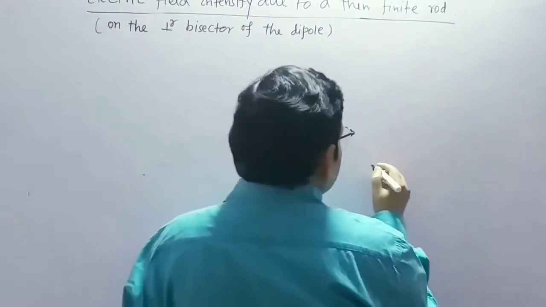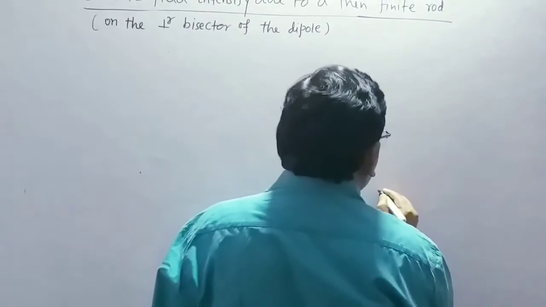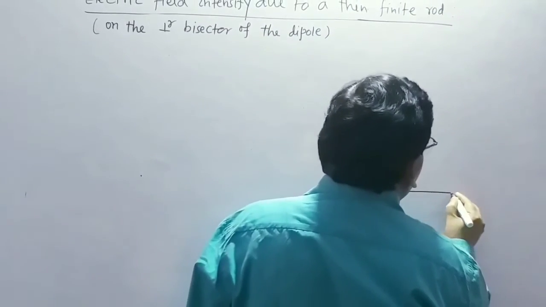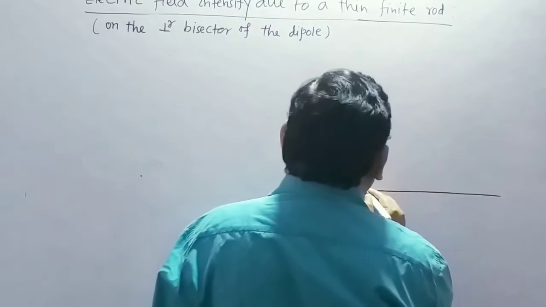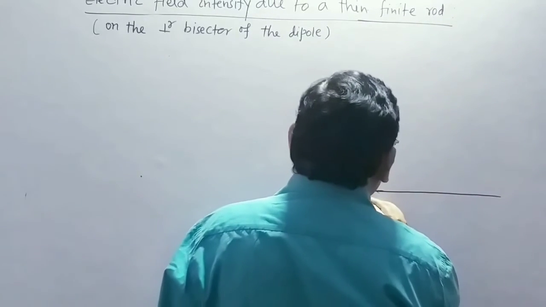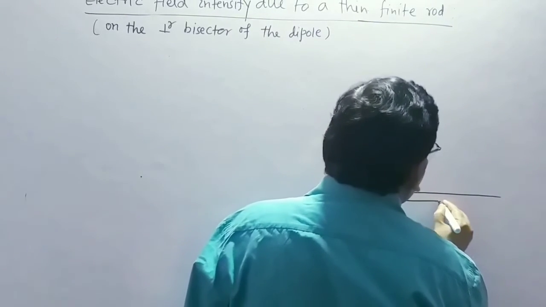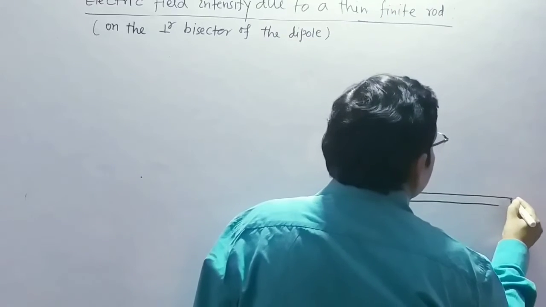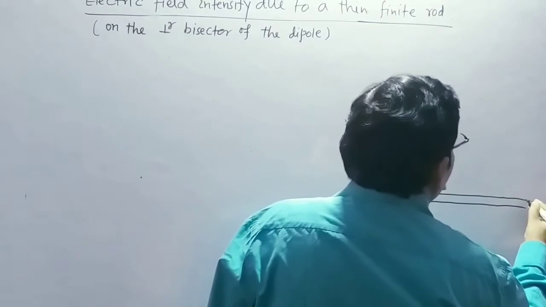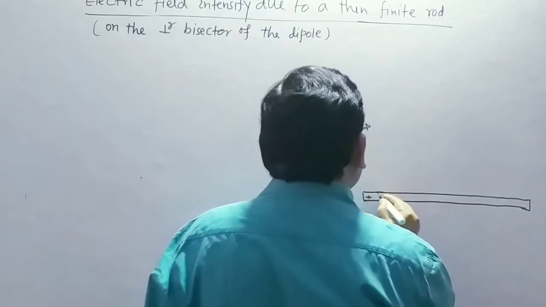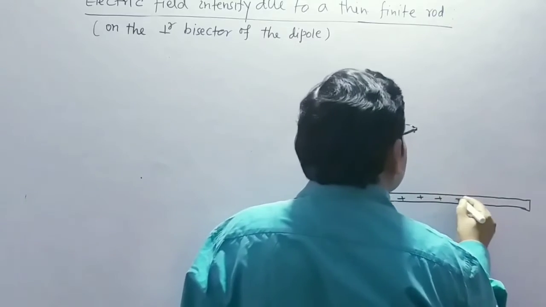So again you take a thin finite rod. We have this thin finite rod having linear charge density.